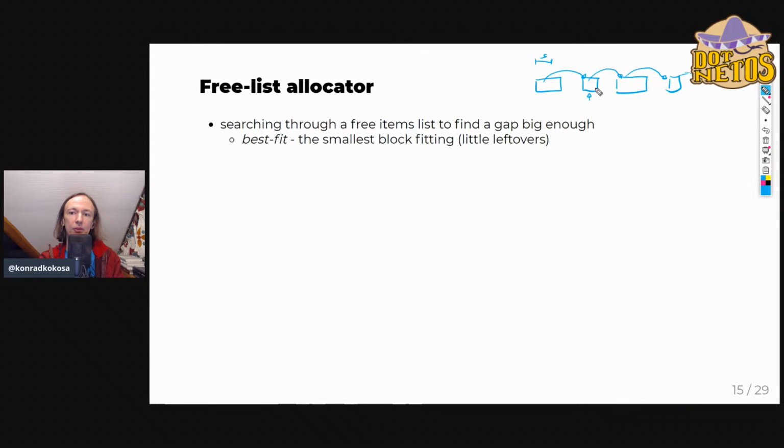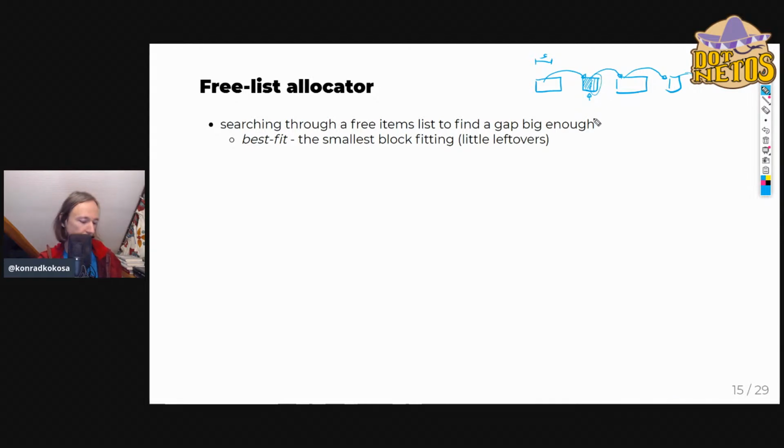If we use it, we will consume part of it, so we make, for example, this part the allocation context, and this part will be put again into the list. This part is called the leftover, because it is the part that has not been consumed from this gap, and it fits again inside the free list.